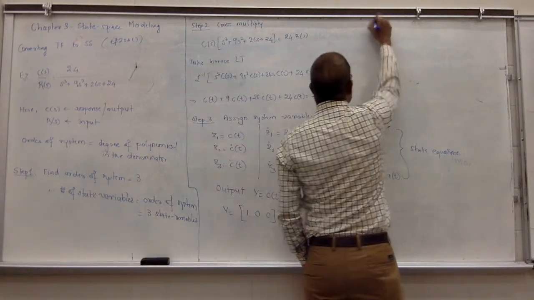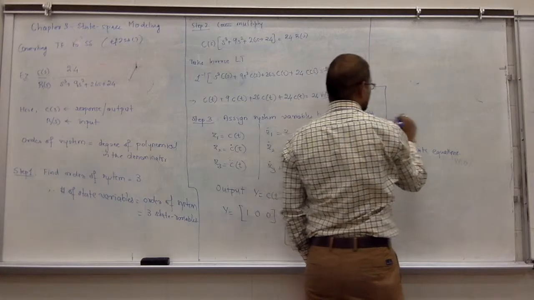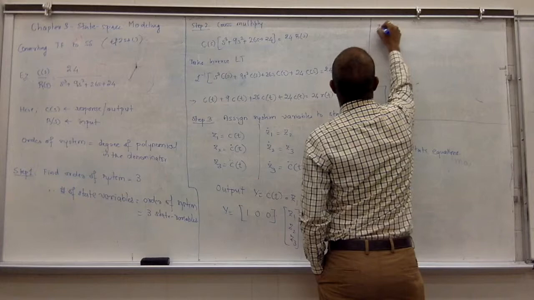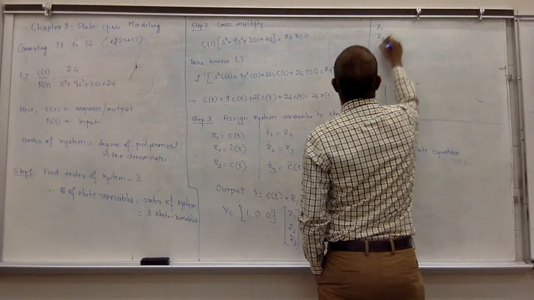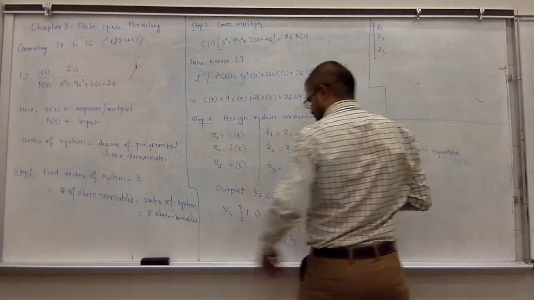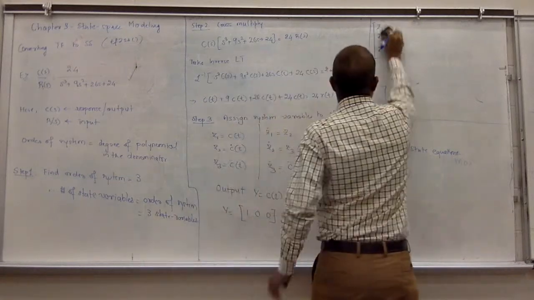So that is your state equations. If you write it, you're going to get Z1, Z2, Z3, or if I write it like this, it should be okay with you.